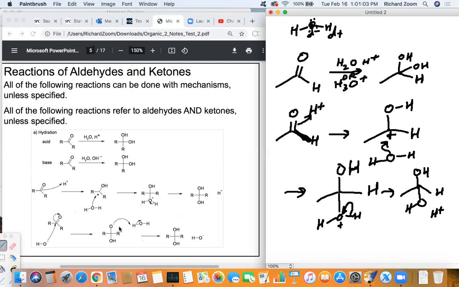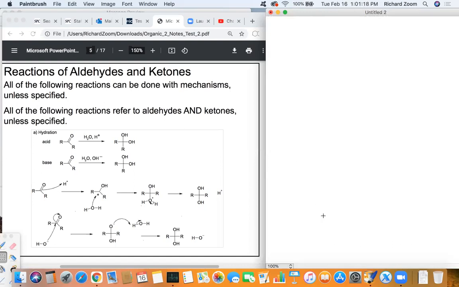Now, I'm not going to show an example of this one, but the basic mechanism here, you have the OH minus come in. It attacks the C. Well, actually, I'll show a little bit here. The product is the same, but when you've got the C double bond O, the polarity is always like this.